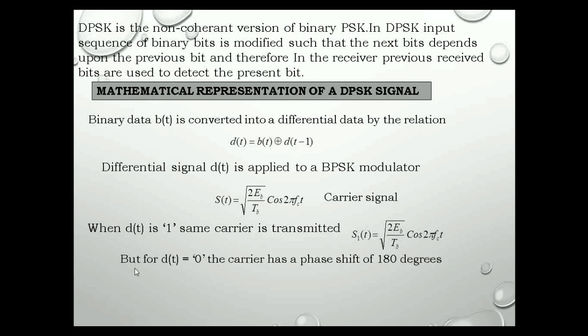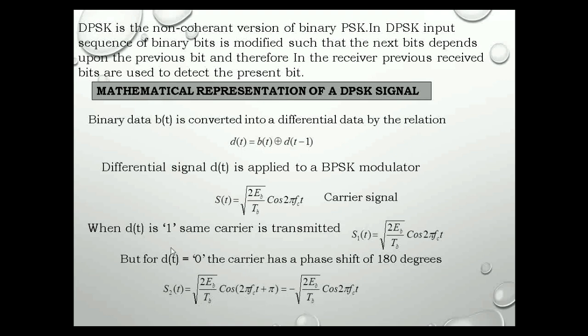But whenever D of t is equal to 0, the carrier has a phase shift of 180 degrees and it is represented by the signal S2 of t, which is equal to square root of 2EB divided by TB cos 2 pi FCT plus pi, that in turn will be equal to minus square root of 2EB divided by TB cos 2 pi FCT.